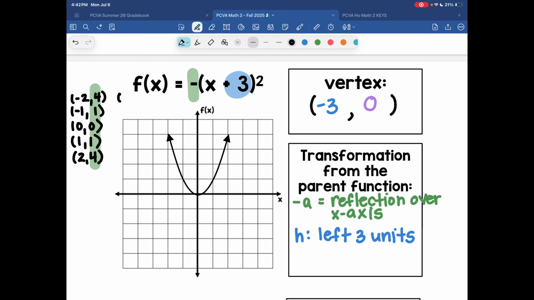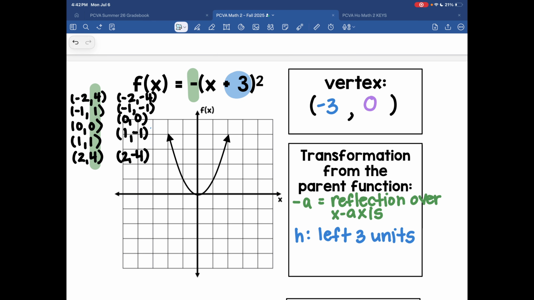So if we multiply, that's going to be -2, -4 now. That's going to be -1, -1, 0, 0. We have 1, -1, and then we're going to have 2, -4. All right, so every y value we multiply by the negative.